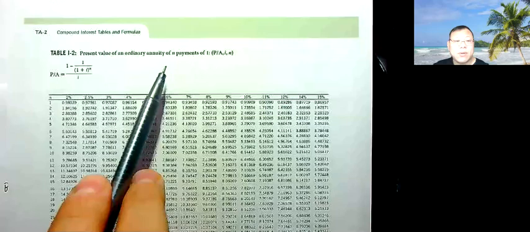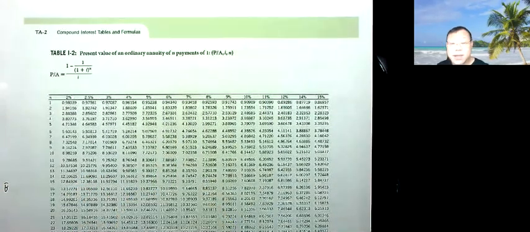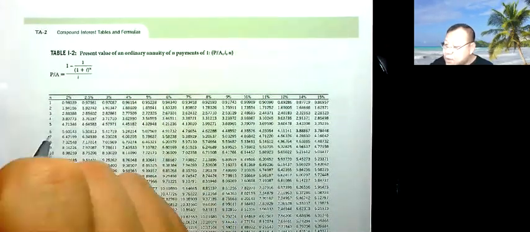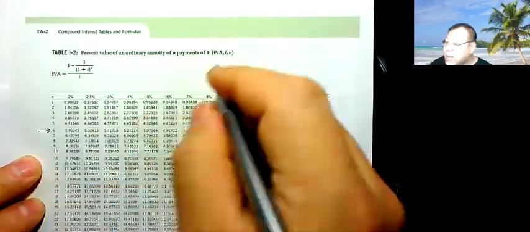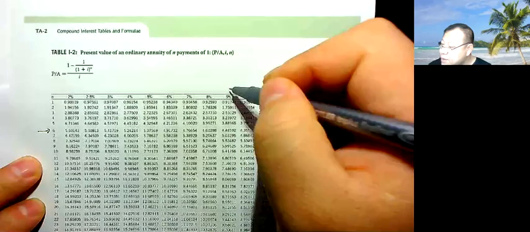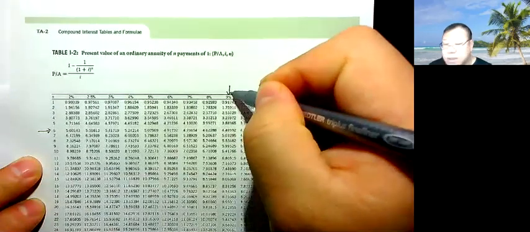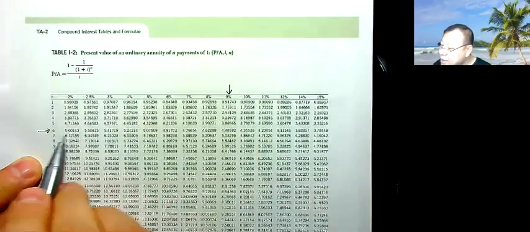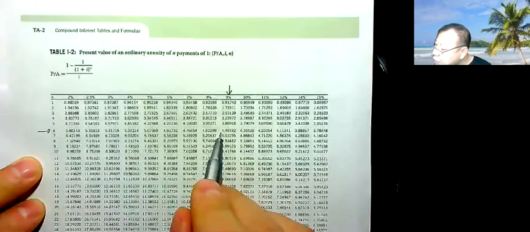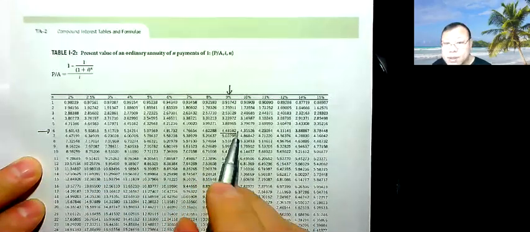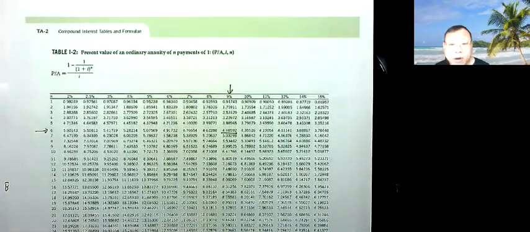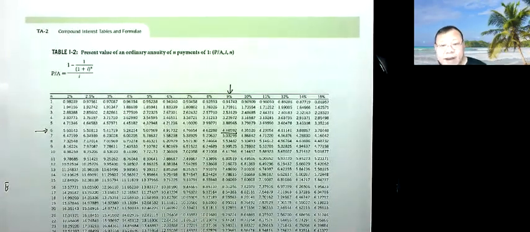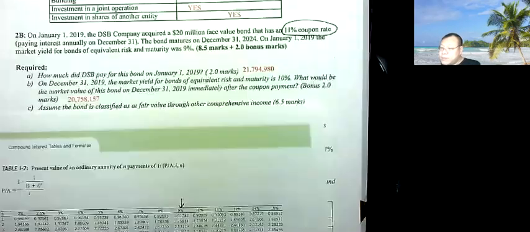We know n equals 6, so the row is here, that's 6, and I equals 9%, the column is here. I'm going to find this discount number here. So this is 4.48592.